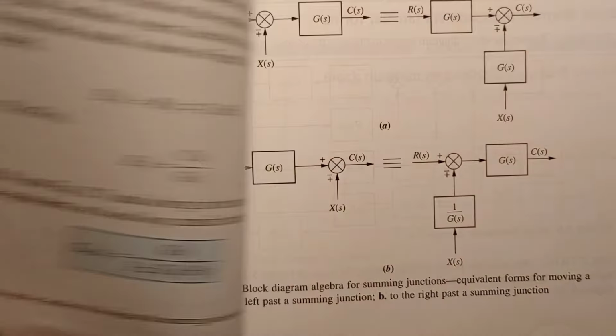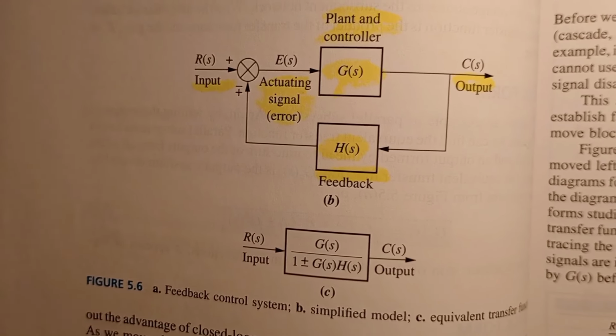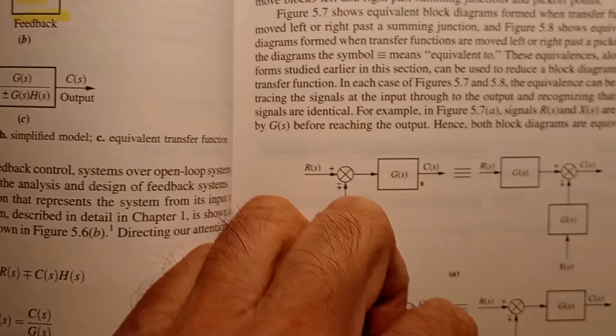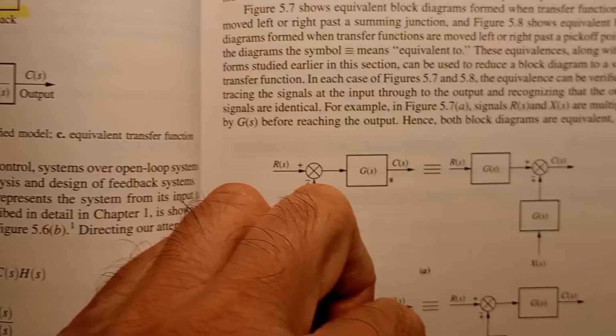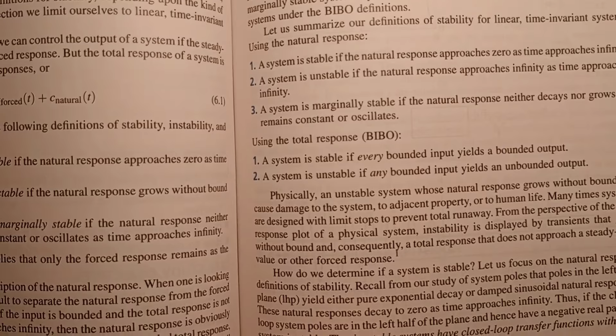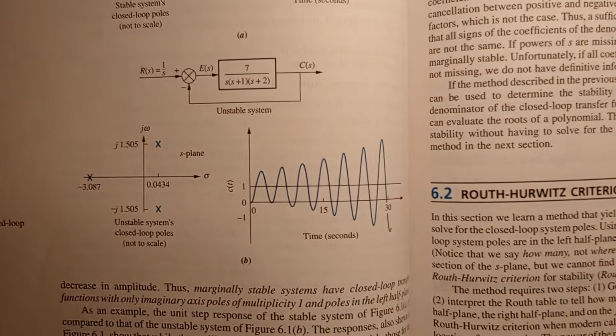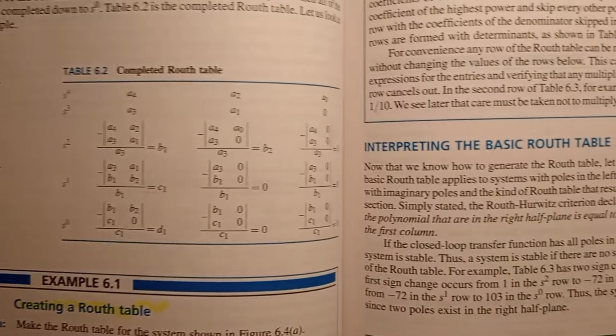And there's the basic block diagram: input, plant and controller, output, feedback, and then the error signal. Okay, is your control system stable? Then there are techniques to find out if it's stable and the response time.